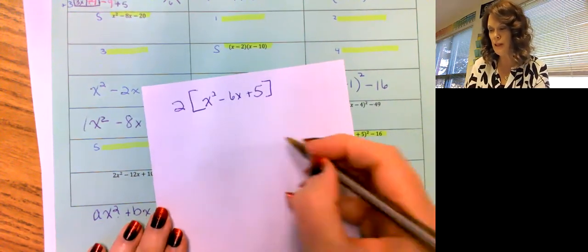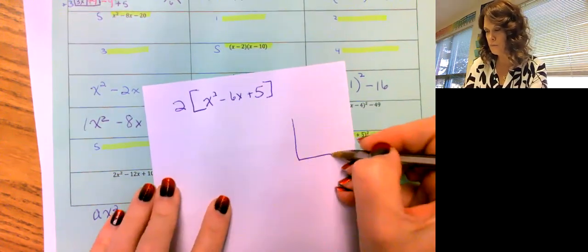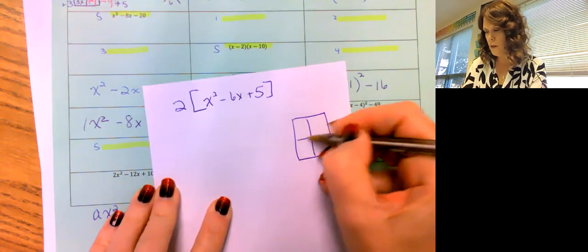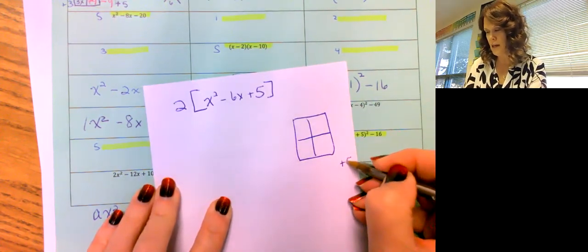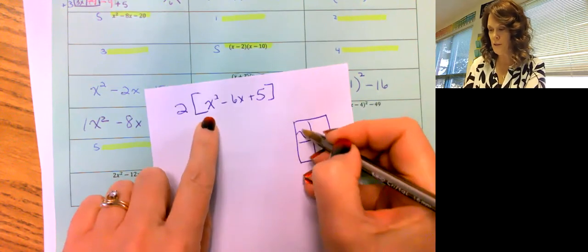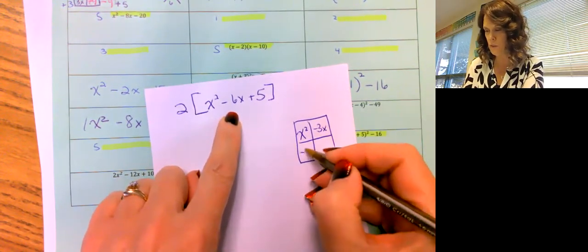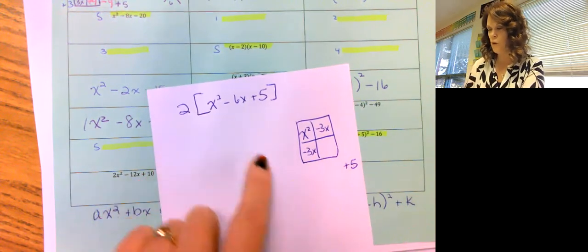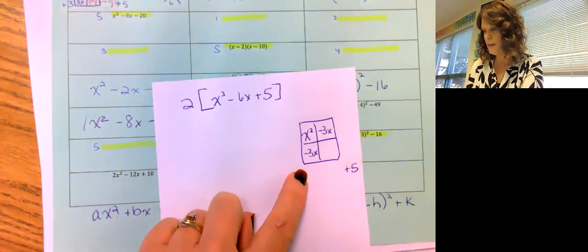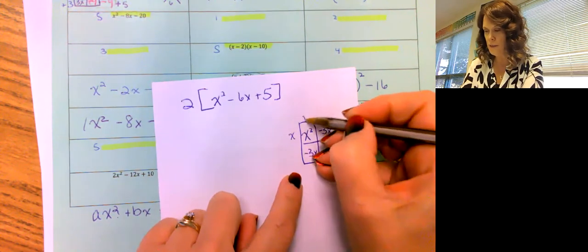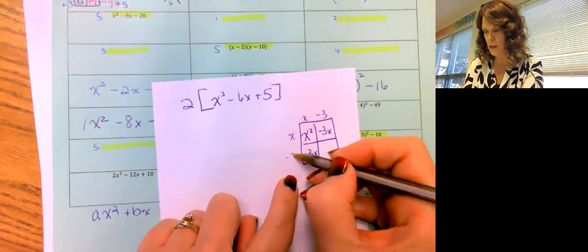All right, so for completing the square, remember, we're going to kick out the 5 to the side. We're going to put the x squared here. We split this equally along the diagonal, so it's a perfect square. And figure out what I need to do to complete this, right? Well, my sides would be x minus 3.